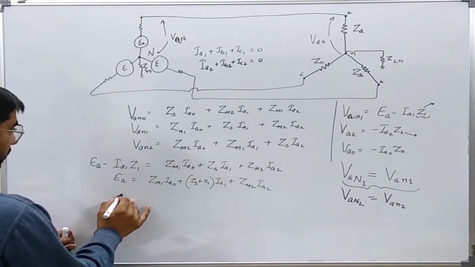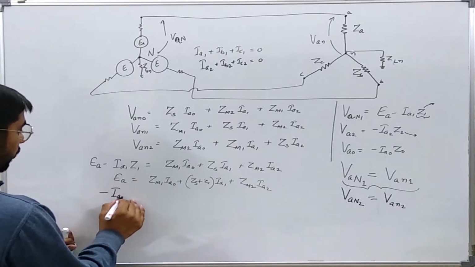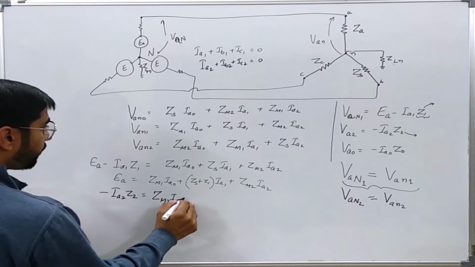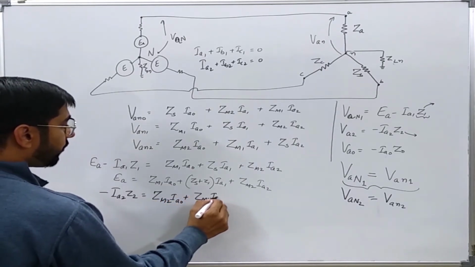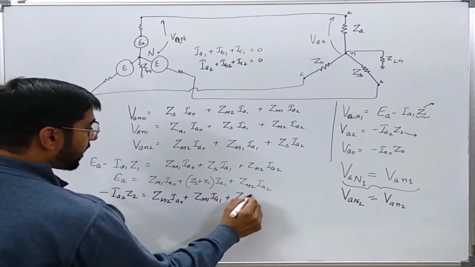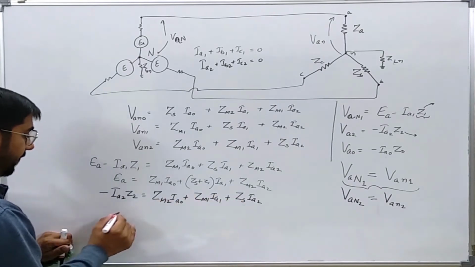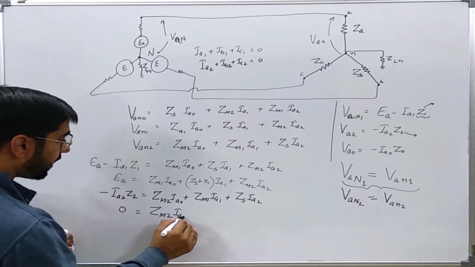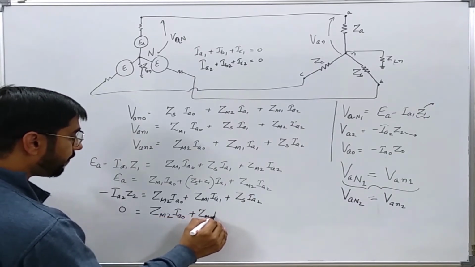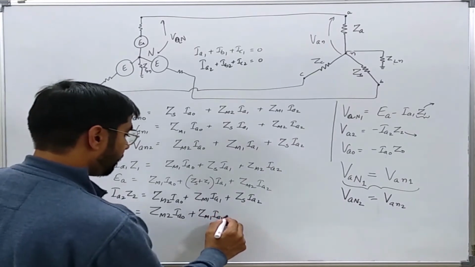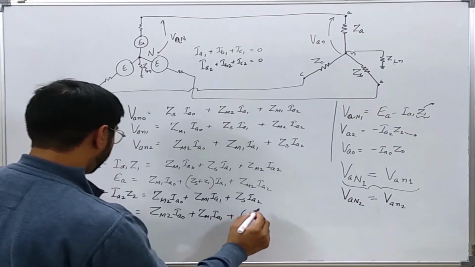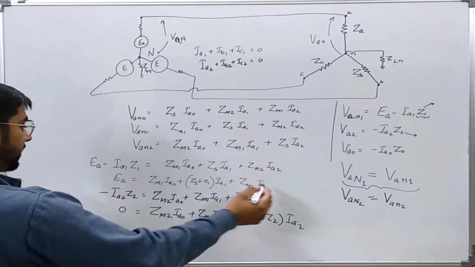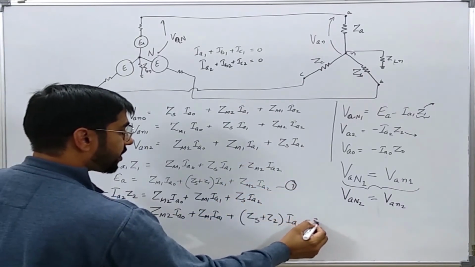So I will get minus IA2 Z2 equals Zm2 IA0 plus Zm1 IA1 plus Zs IA2, or taking this side, 0 equals Zm2 IA0 plus Zm1 IA1 plus Zs plus Z2 times IA2. So let us say this is equation 1, this is equation 2.